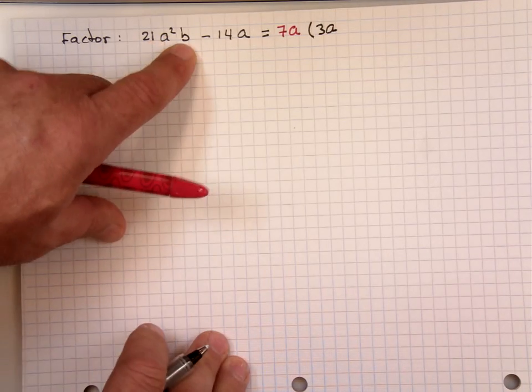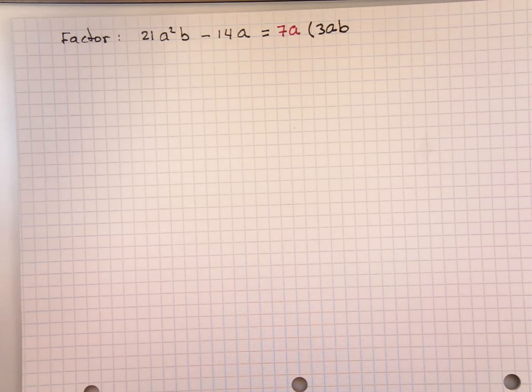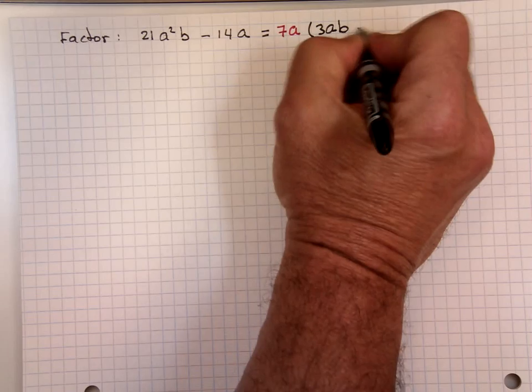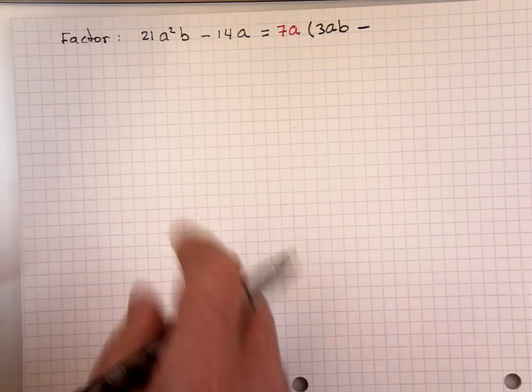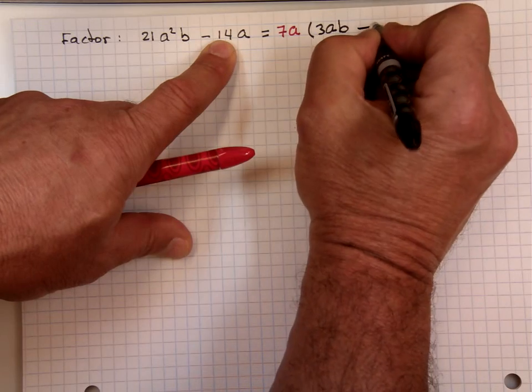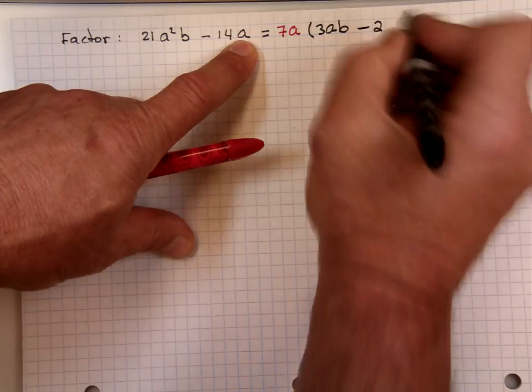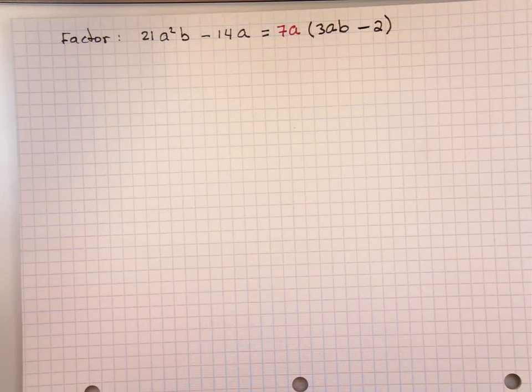I didn't touch it. It's right here. There's the minus. 14 divided by 7 is what? 2. There's the 2. I took the a out. There's no a's left here. And that is the last thing. That's my answer.